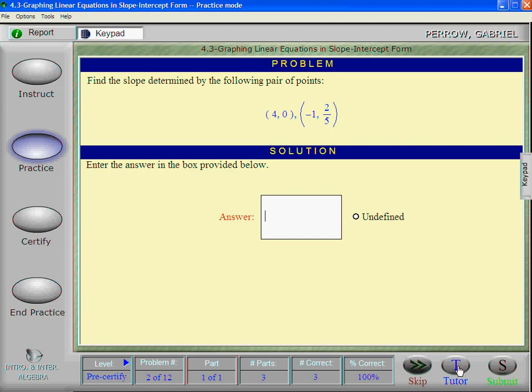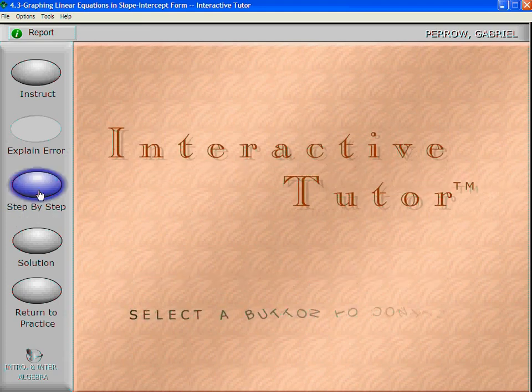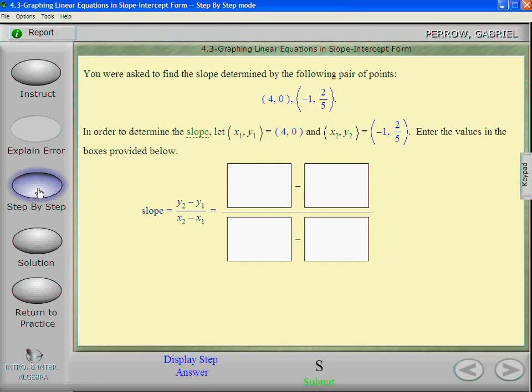If we click on tutor, we should get a step-by-step. There we go.